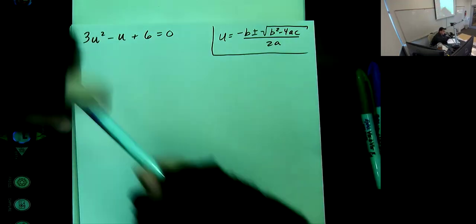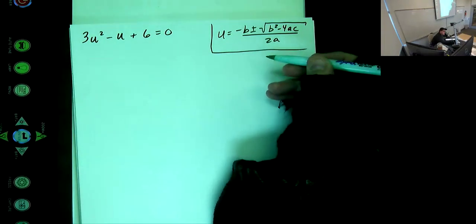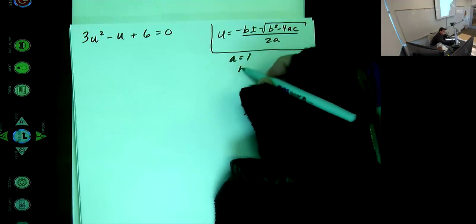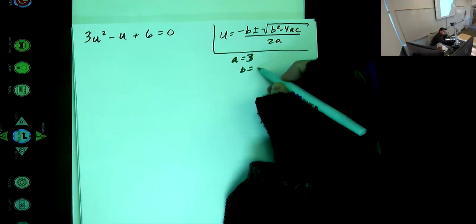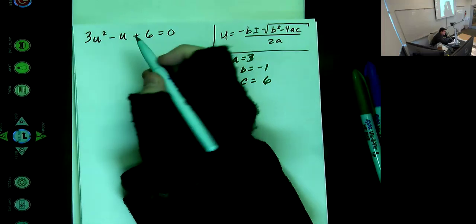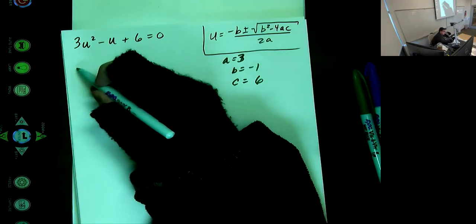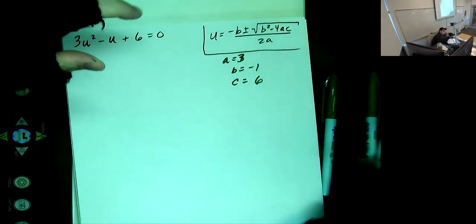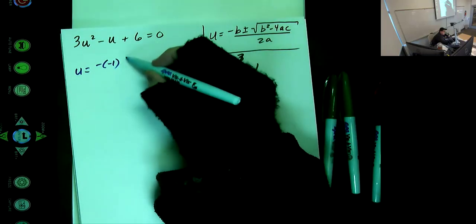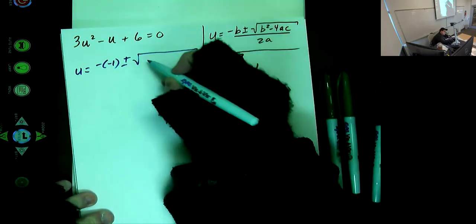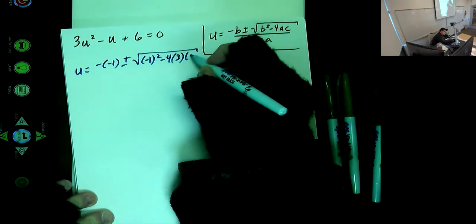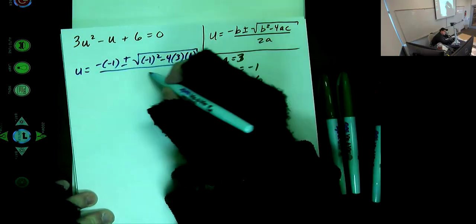So it sounds like a lot of you got the same thing. How close are you, Sarah? Good, okay. So what's A, B, and C real quick? A is 3, B is -1, C is 6. So we got u equals negative B, which is -1, plus or minus the square root of -1 squared minus 4 times 3 times 6, all over 2 times 3.